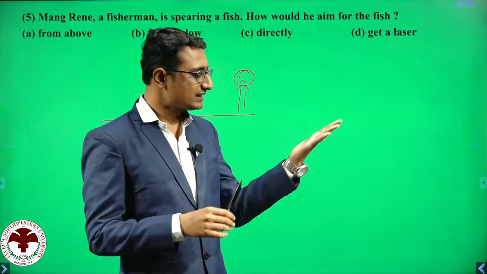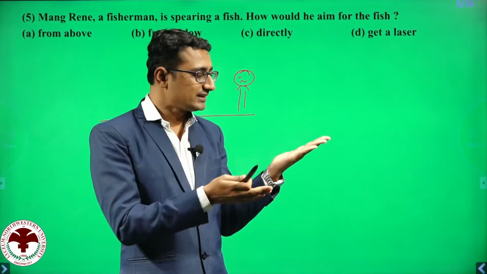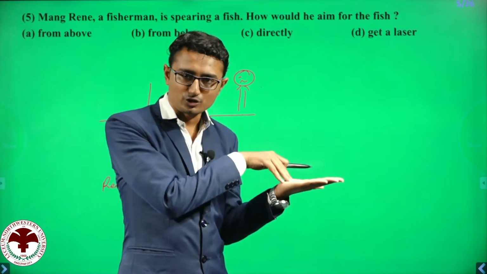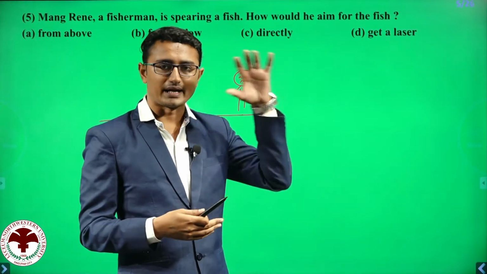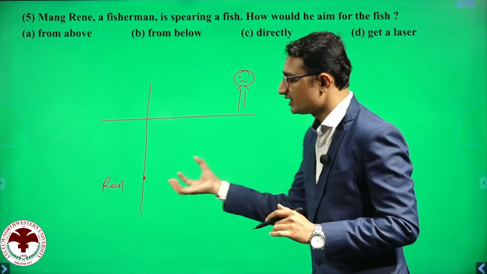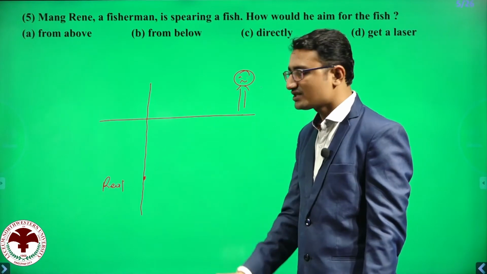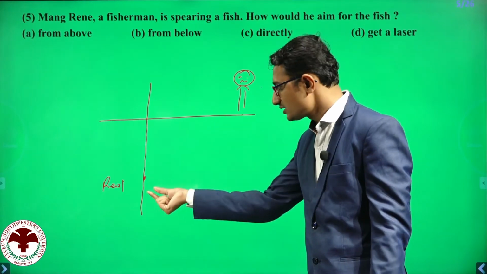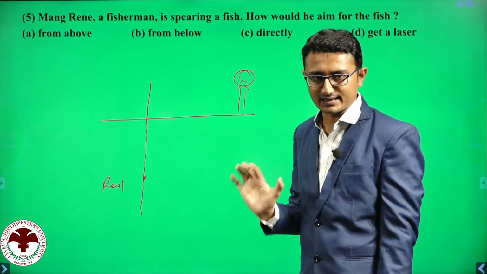Suppose this is my hand. My hand is visible to me when light strikes its surface, it reflects the light, and this light comes to my eyes. In the same way, if the fisherman wants to see a fish, the light which is reflected or refracted by the fish should come to the eyes of the fisherman. That's the concept.